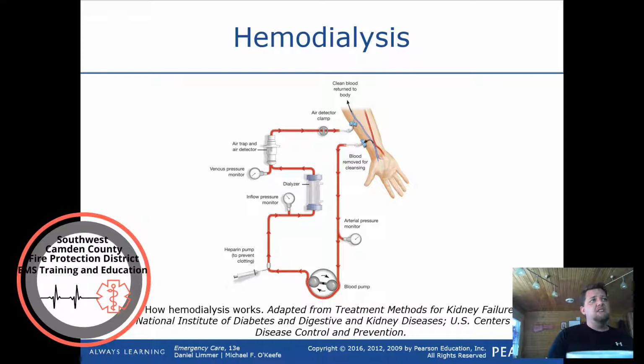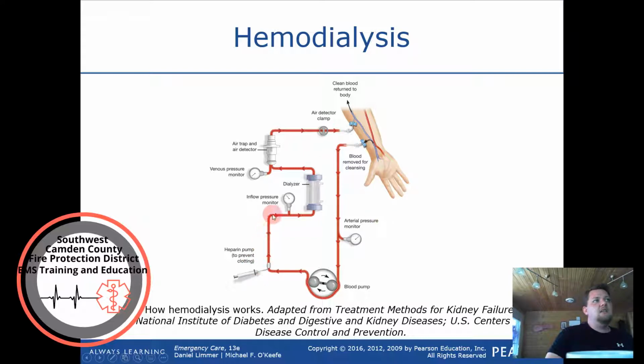So what happens is we remove the blood for cleansing. We monitor the blood that comes out. It goes through a pump, and then a heparin drip type pump puts heparin into the blood at some point, which prevents it from clotting inside the machine.